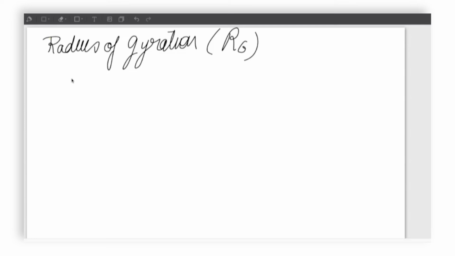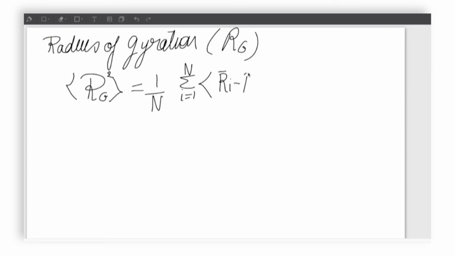We know, and this is also in the tutorial in the assignment, that the squared value of Rg is nothing but the average over all segments, all positions, or if you are talking about atoms, then atoms, of (Ri minus Rcm) squared.